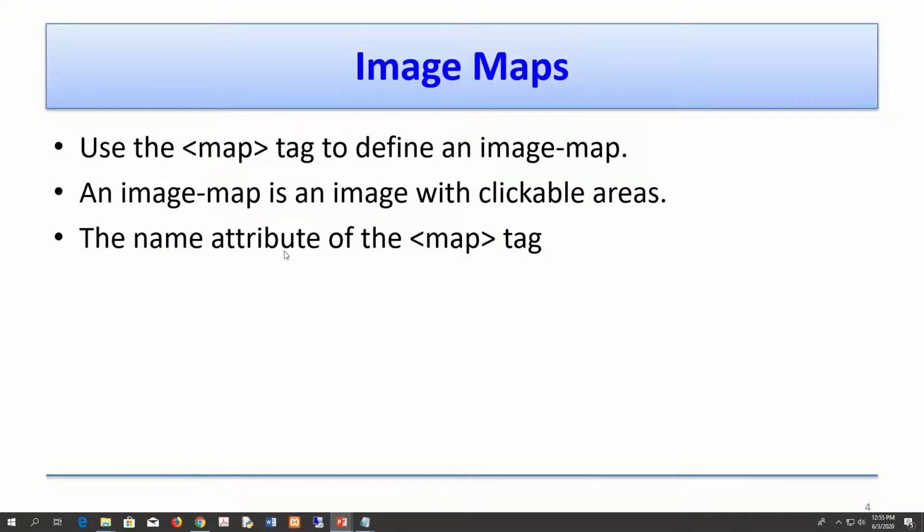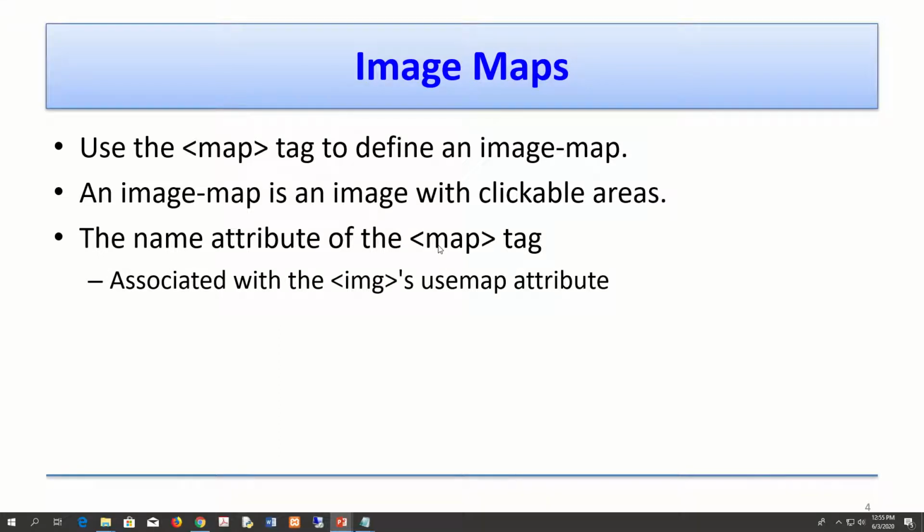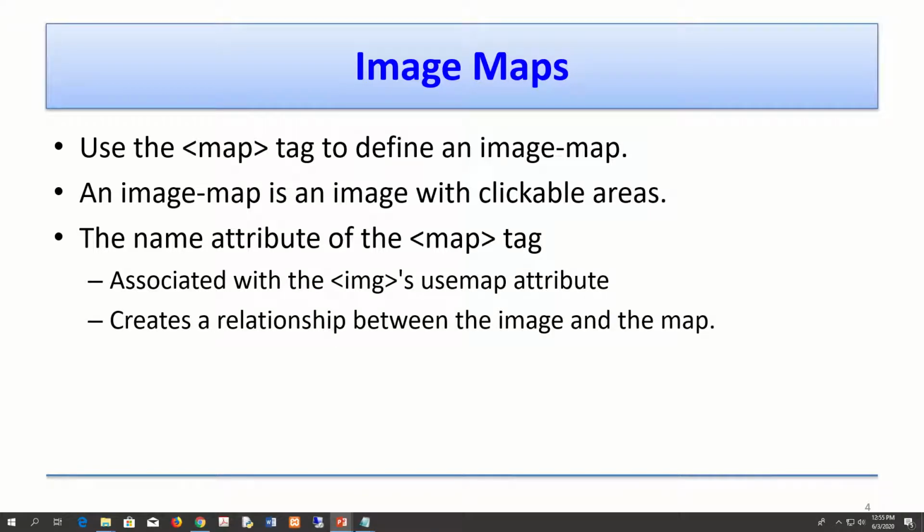The name of the map tag is associated with the img tag. Especially, there's an attribute called usemap in the img tag. That means when you insert the image, there's an attribute called usemap, which is associated with the map tag. You can see that in a few seconds.